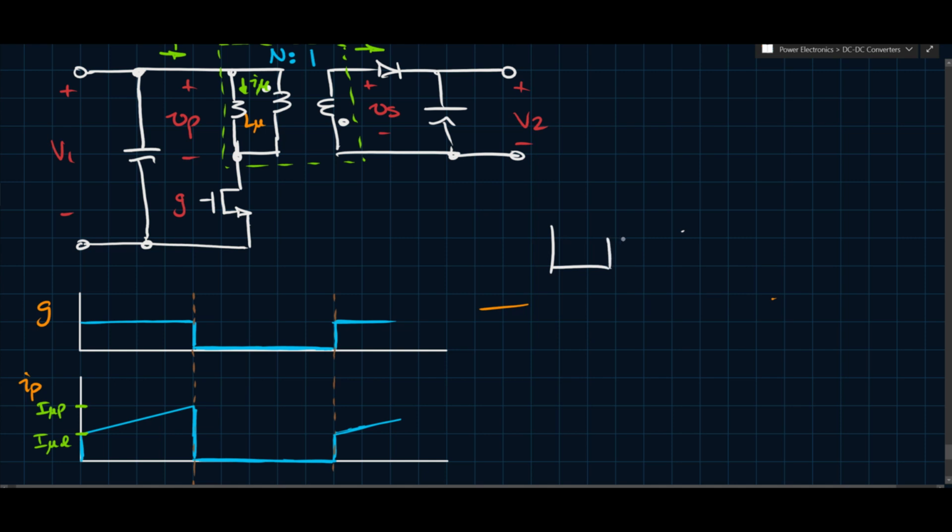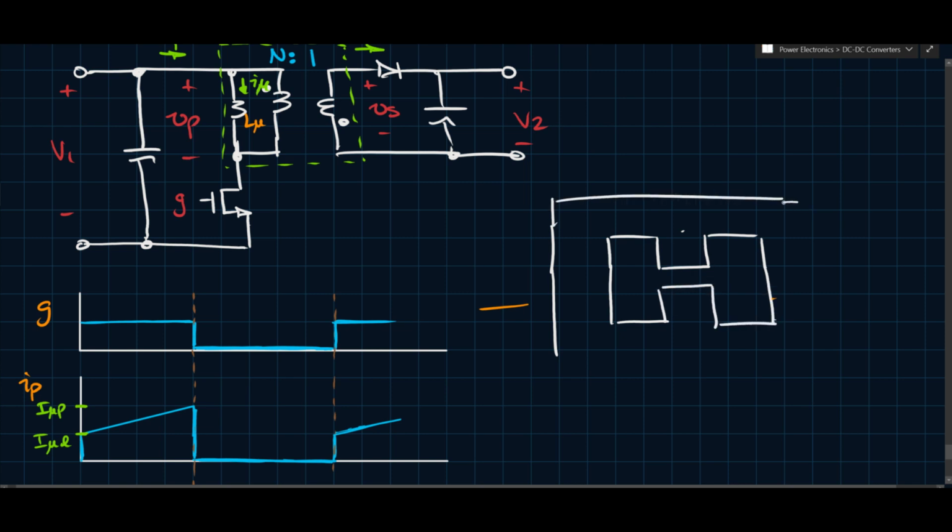A gapped transformer core might look something like this. The gap can be in different places. Let's imagine it's in the middle. Okay, so the outsides are like that, and there's a literal gap in the middle. And so then you can store more flux, and that is the purpose of this. And you would again have your windings that look something like this.